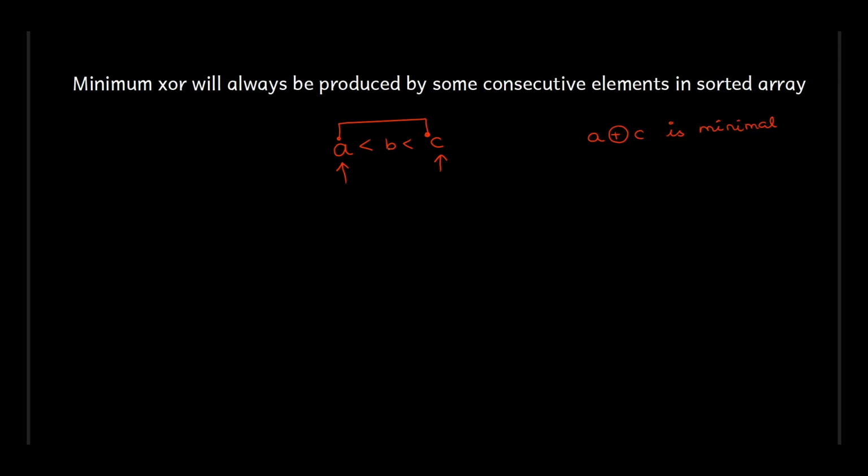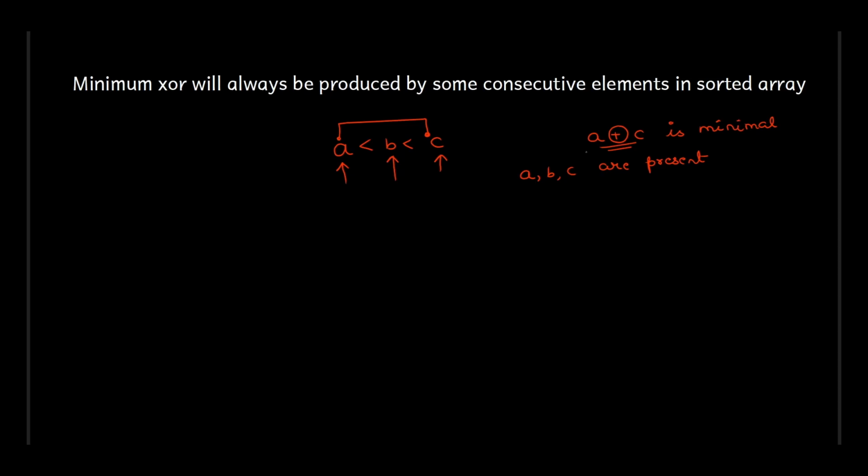Note that A is present in the array, B is also present in the array, and C is also present in the array. This is one of the important things I should mention: A, B, C are present in the array. And assume that A XOR C is producing the minimal XOR.